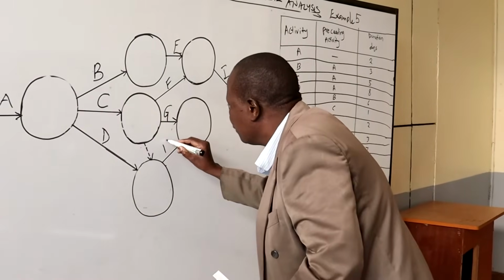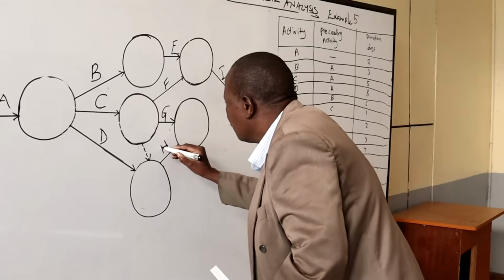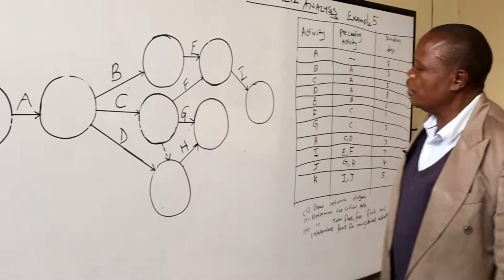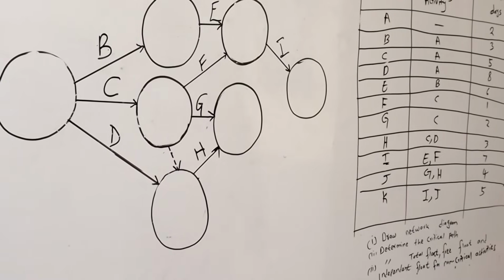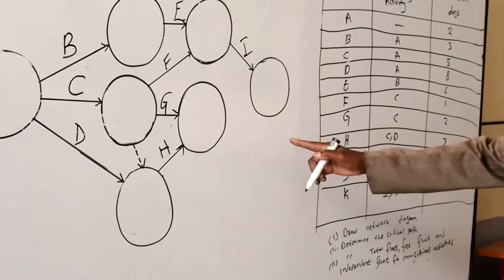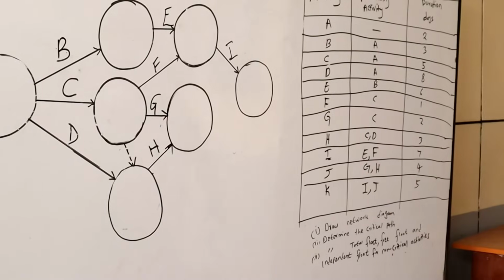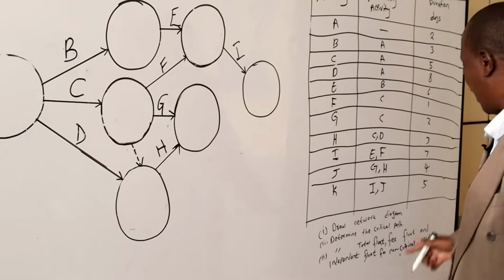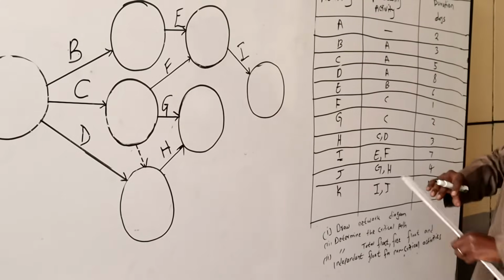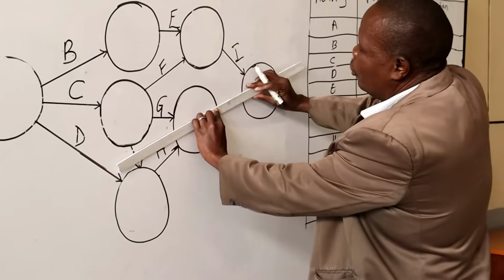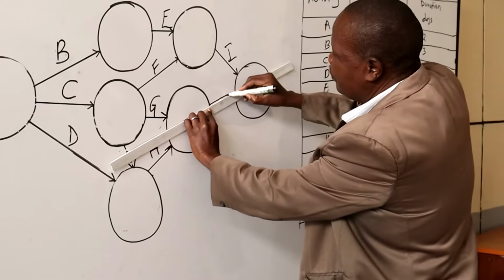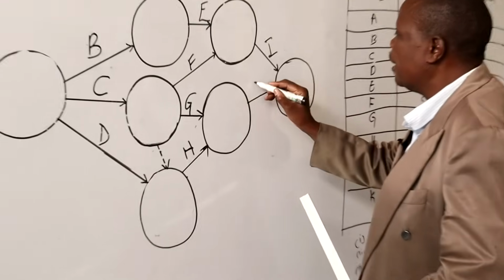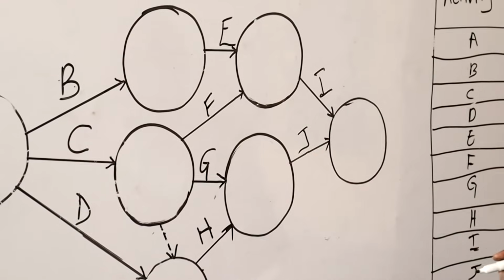This is H. G and H, both of them will converge to give rise to J. And J and I are converging. So you draw that arrow going that side to converge with I. And that is J.